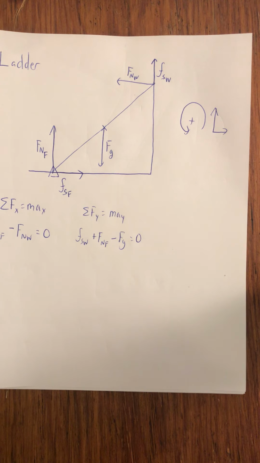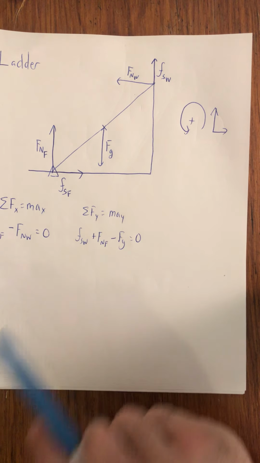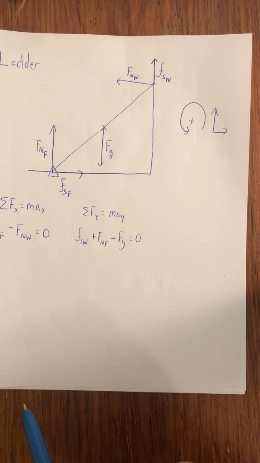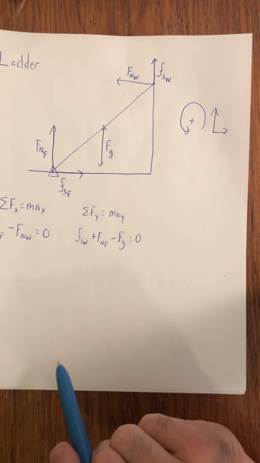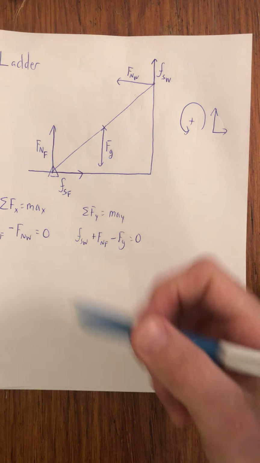But I wanted to point something out. Notice that these are static frictions, not maximum values of static frictions. In order to have maximum values of static frictions, I would have to have limit statements, which is going to be something that's going to happen in this problem.